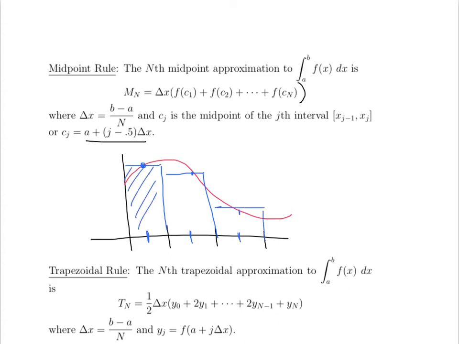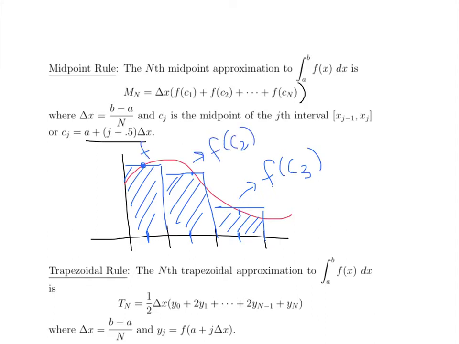So this would be a way to approximate the area under this curve using midpoints. This would be f of c3, and this would be f of c2, and this would be f of c1. And we would add up all of those values multiplied by the delta x in order to get the area of these 3 rectangles added together. So that's the idea of the midpoint rule. It's taking the middle function value and using that as the height of your rectangle.